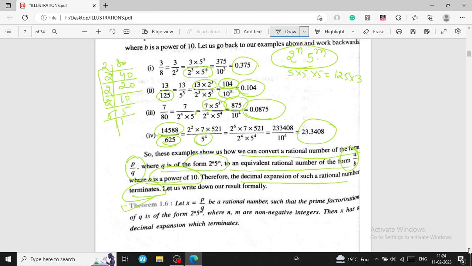And this theorem also shows that if x is equal to p over q, a rational number such that the prime factorization of q is in the form of 2 raised to power n and 5 raised to power m, where n and m are non-negative integers, then x has a decimal expansion which terminates.